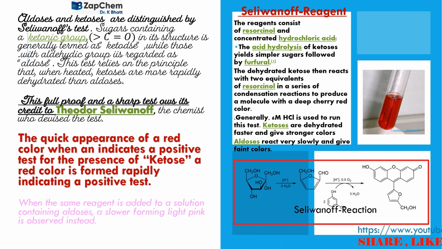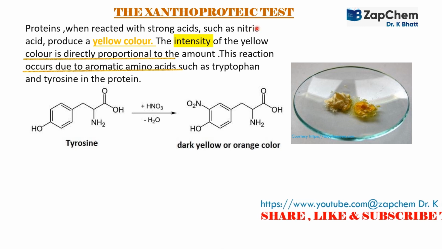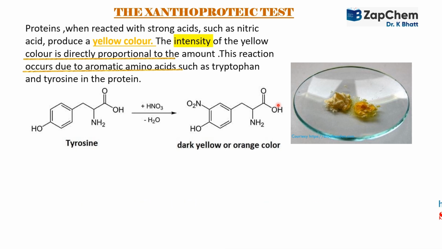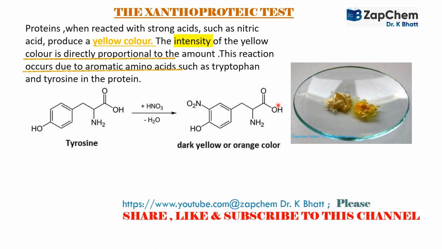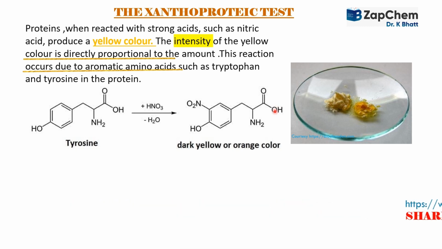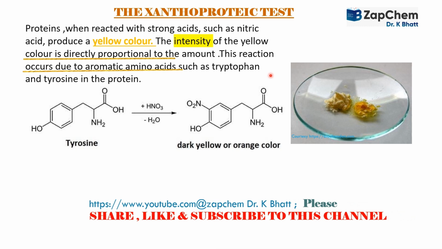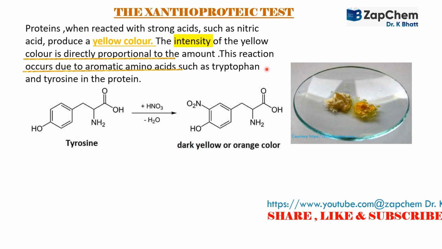Next we move to what is known as the xanthoproteic test. The xanthoproteic test is a very simple test, and it is a test for presence of proteins. You must have worked in the laboratory using concentrated nitric acid, and you must have observed that when nitric acid accidentally gets in contact with our skin, it turns the area brownish or yellowish.